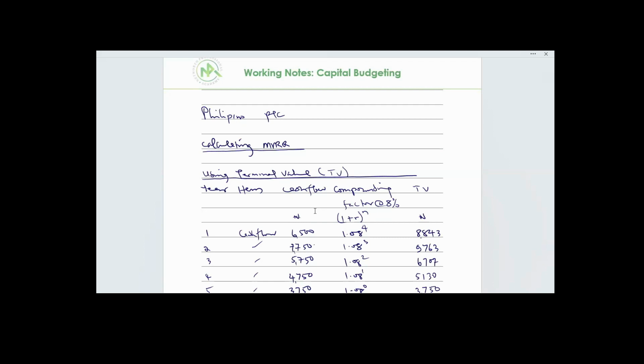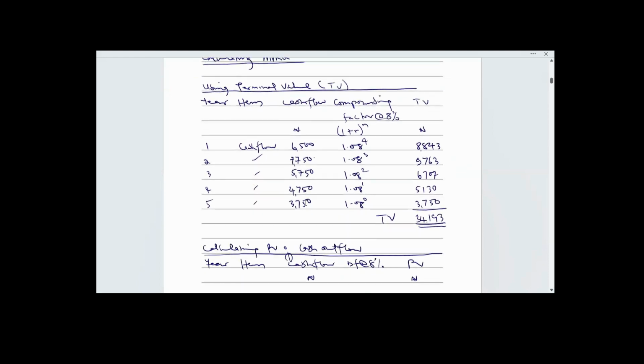The first step is to calculate the terminal value of positive cash flows. Second step is to calculate the present value of negative cash flows. Then step 3 is to calculate modified internal rate of return using the formula. That's what we have done here.